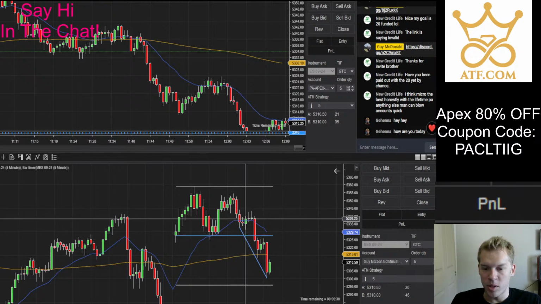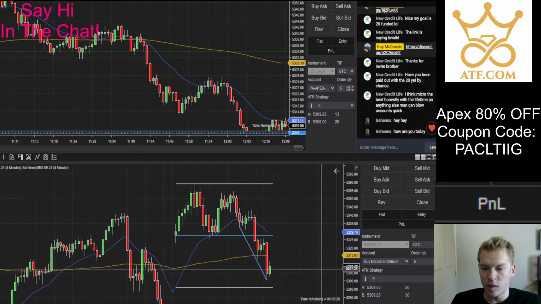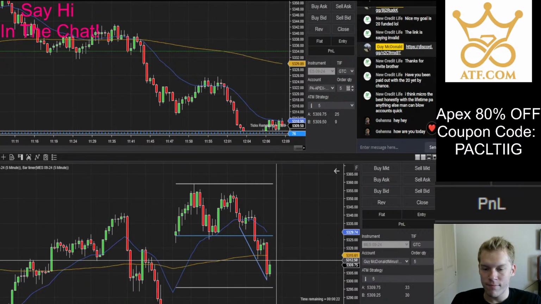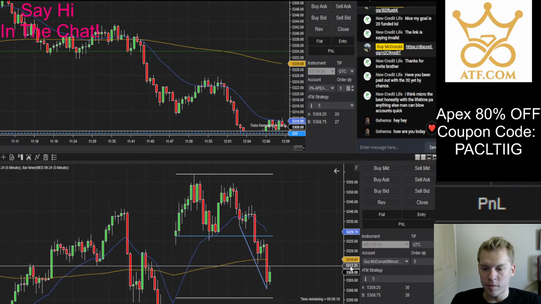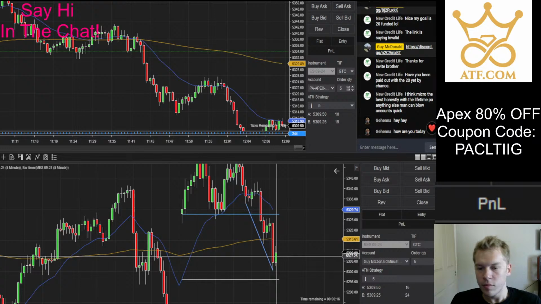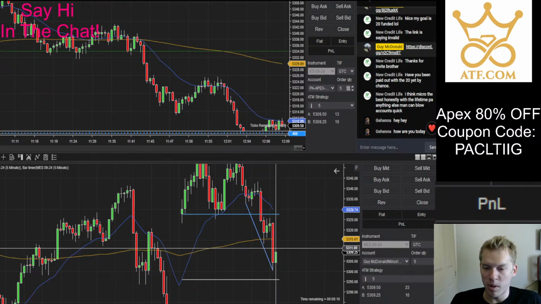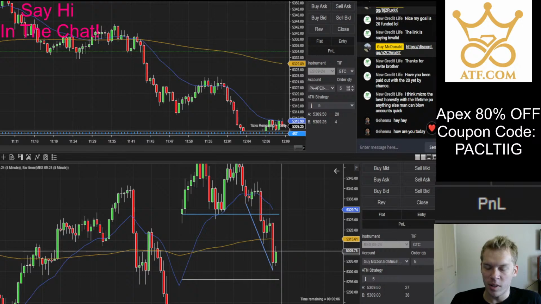So 3 pushes down forms this wedge here, and I think this bull bar, I was talking about bears would get out above a bull bar. I think this is throwing some confusion into it.